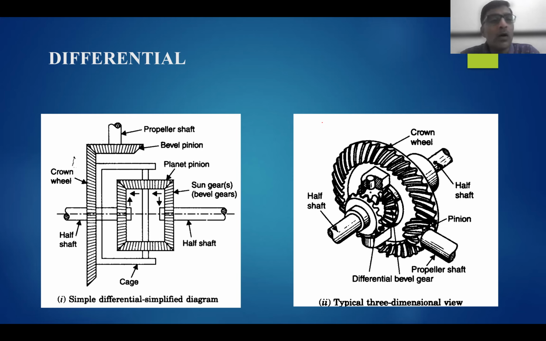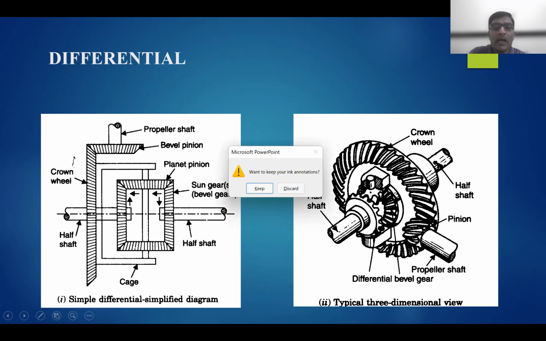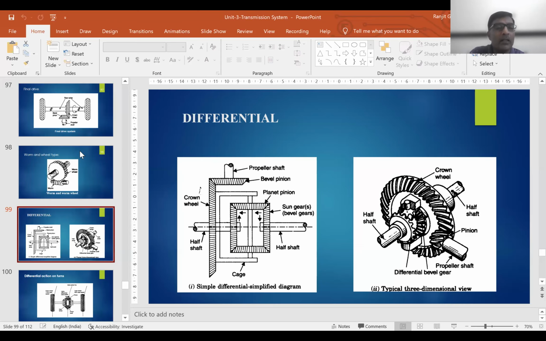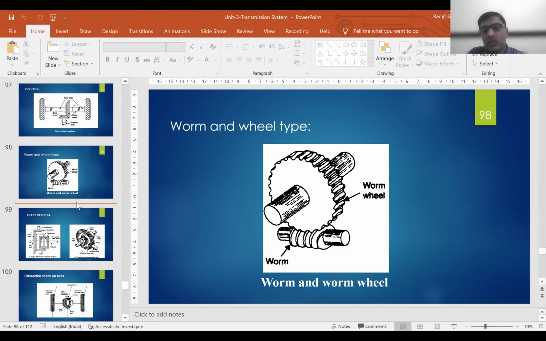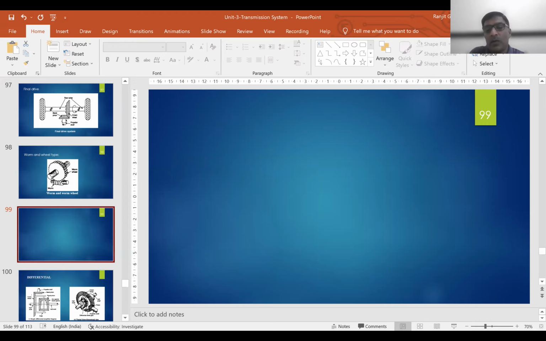So the next device is also provided in the automobile to fulfill the requirement of relative speed for the two wheels on the live axle. Generally in the automobile, there are basically two axles. One is the dead axle and another one is the live axle. I will add one slide so that I can explain.